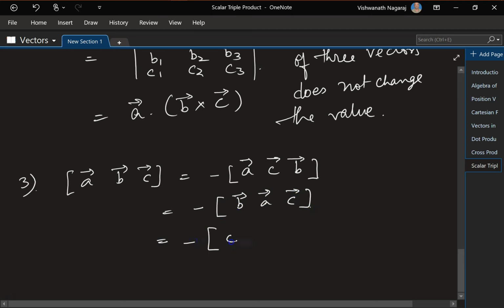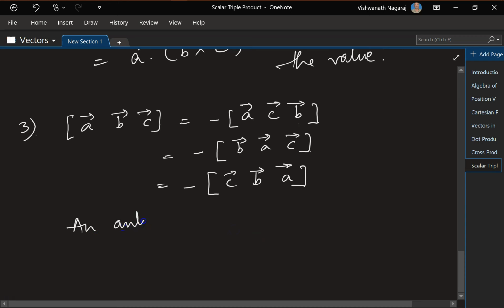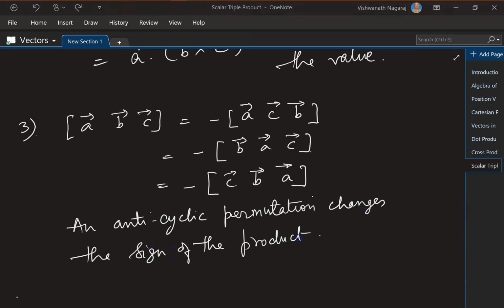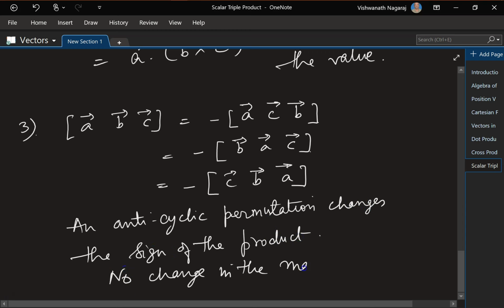Similarly, [C, B, A]. An anti-cyclic permutation changes the sign of the product. There is no change in the magnitude. Okay.